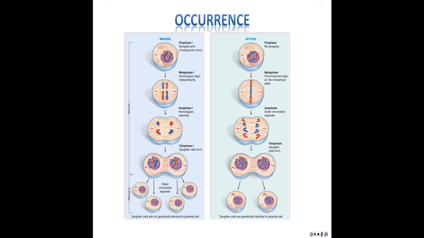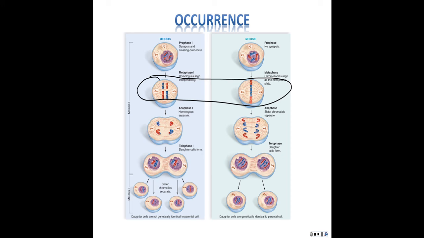So this is a side-by-side now between mitosis and meiosis, and you can see each of these events is different. Here's the biggest difference right there. There's metaphase 1 of meiosis versus metaphase of mitosis.